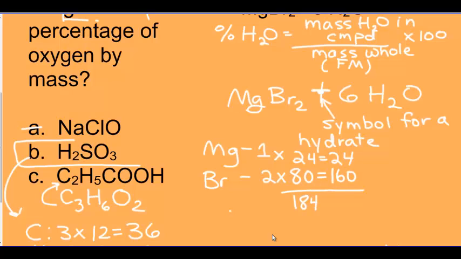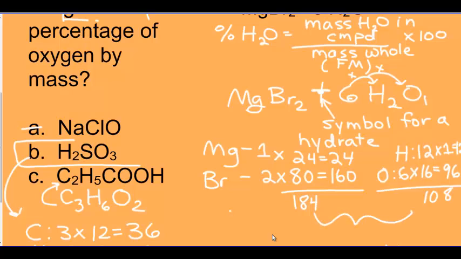But we're not done, because we also have 6 waters. So we have hydrogens. Remember, you have to distribute. Distribute means multiply. So 6 times 2 gives me 12 hydrogens, each with a mass of 1, for a total of 12. And oxygens we have 6 of, 6 times 1 times 16, which gives us 96. Then we add those up to get 108.